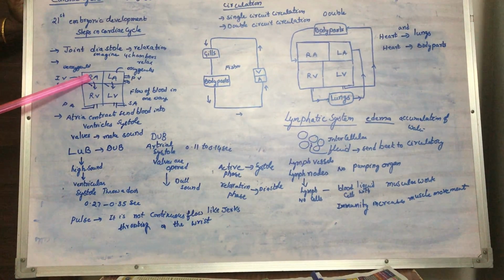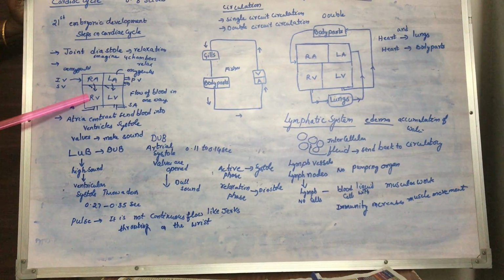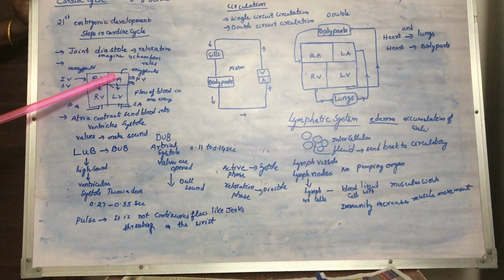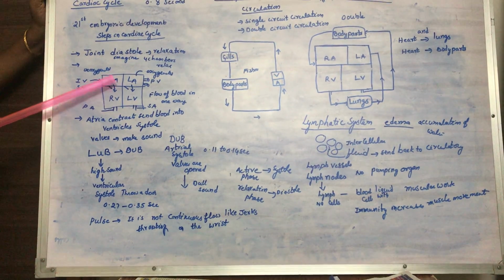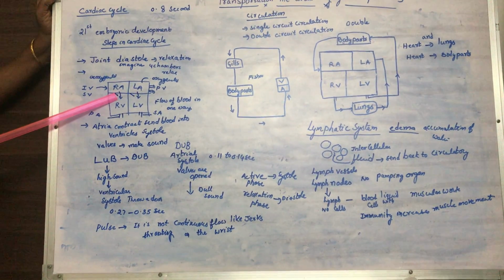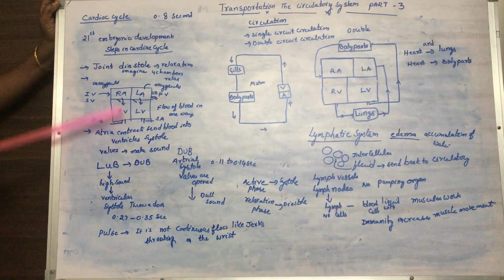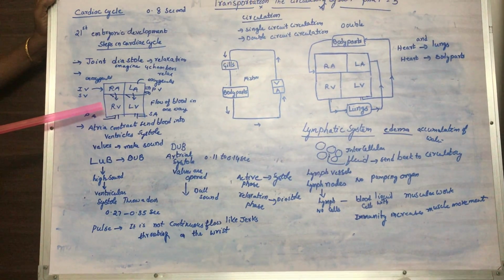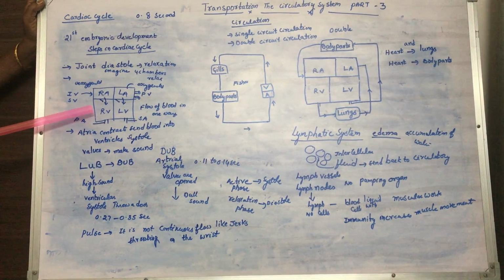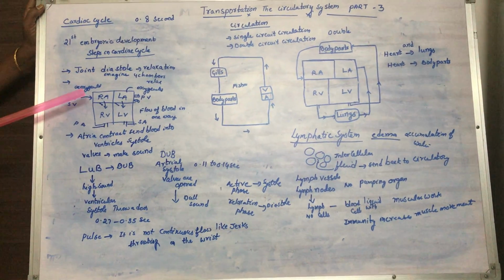Now the deoxygenated blood from the right auricle is pumped into the right ventricle, and the left auricle pumps oxygenated blood into the left ventricle. In between the right auricle and right ventricle there are valves, which allow the blood to flow in one direction. The valves prevent the backward flow of blood.